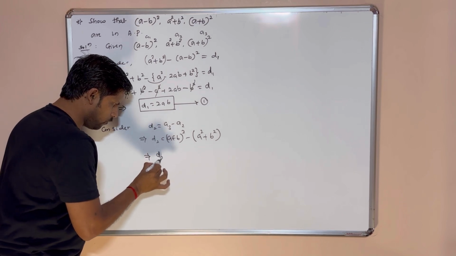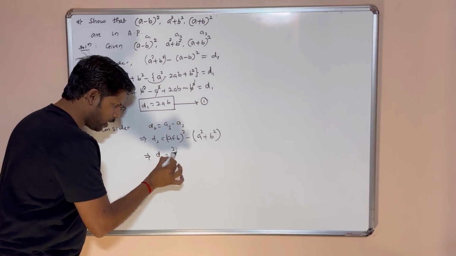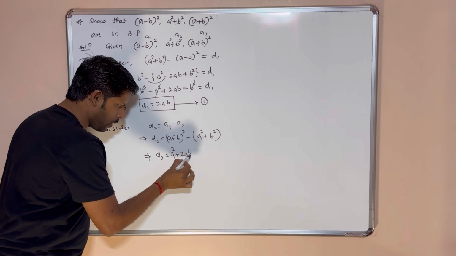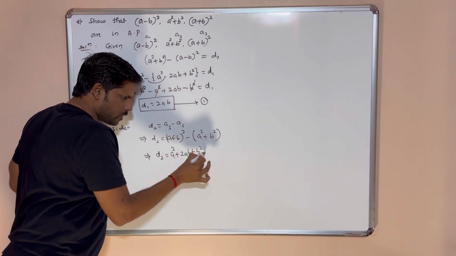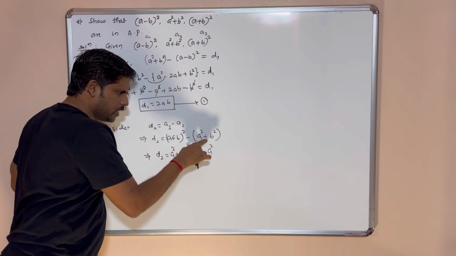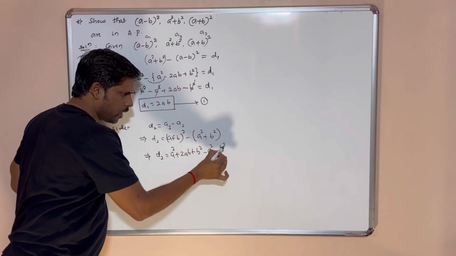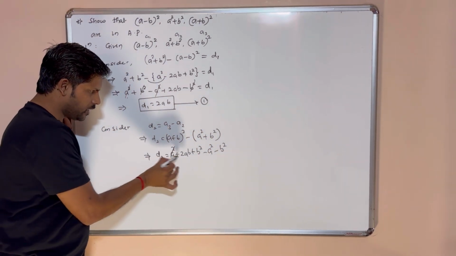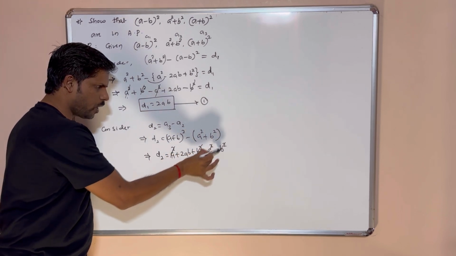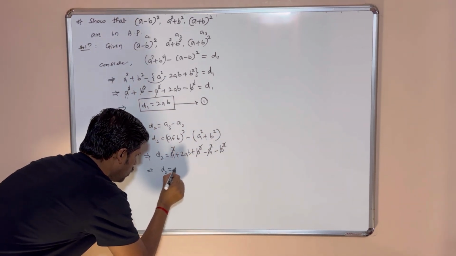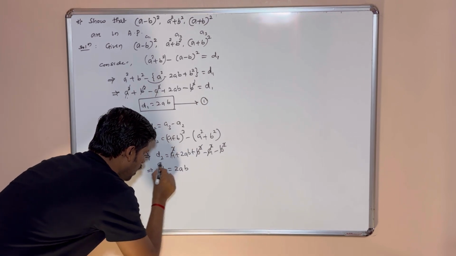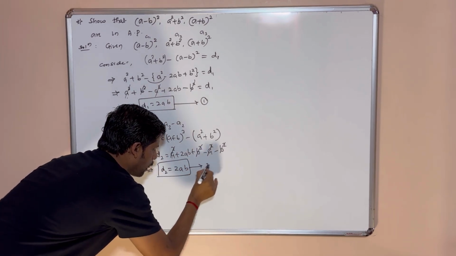Now remove the bracket. We get (a plus b) whole square formula: a square plus 2ab plus b square. Remove the bracket here: minus into a square is minus a square, minus into plus, minus b square. Again a square minus a square, b square minus b square cancel, and we remain with D2 is equal to 2ab. I will call this equation number 2.